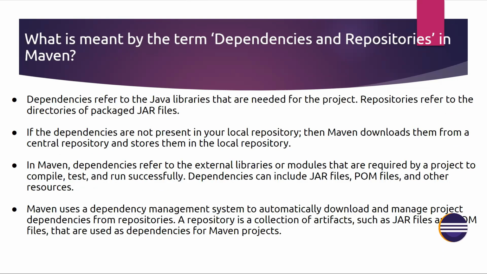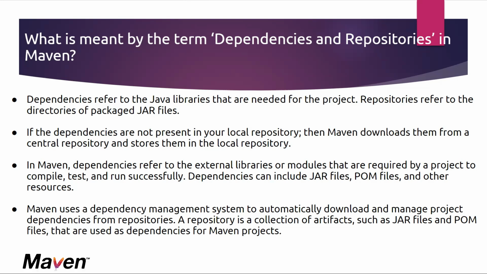Now, what is meant by the terms dependencies and repositories in Maven? Dependencies refer to the Java libraries that are needed for the project, and a repository refers to the directory of the packed jar files. So basically, these two are different things. Dependencies are the libraries that we are using in the project, and a repository refers to the directories where these jar files are stored.